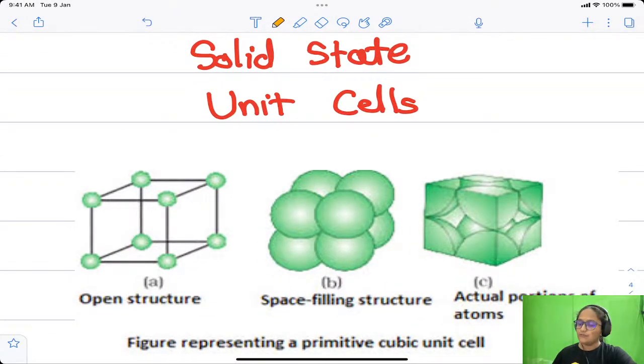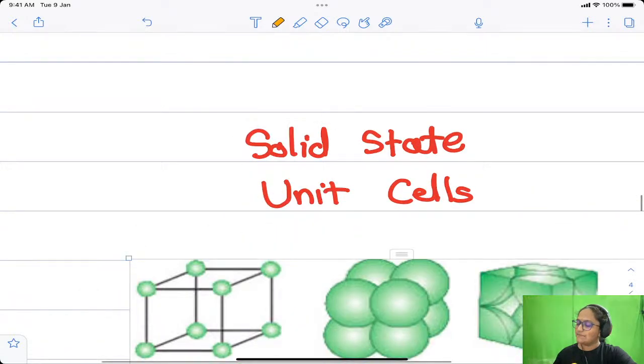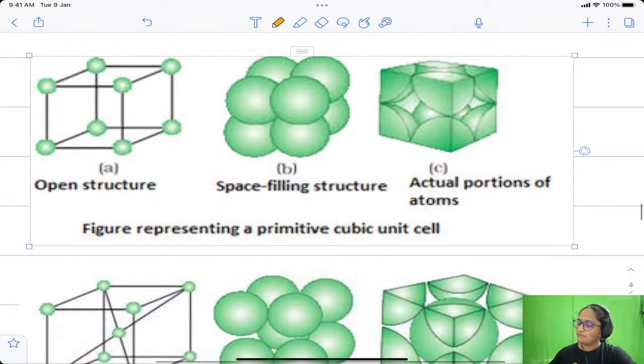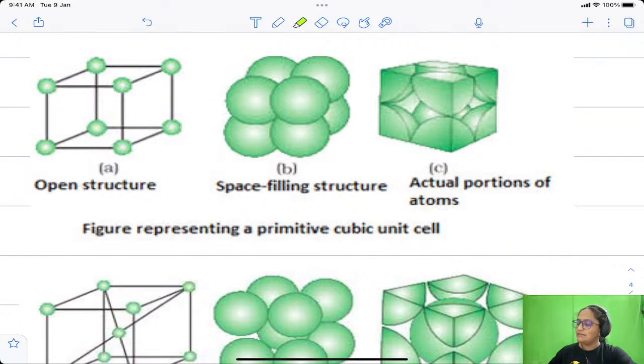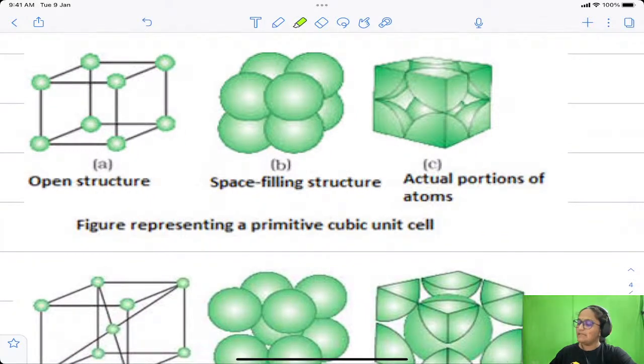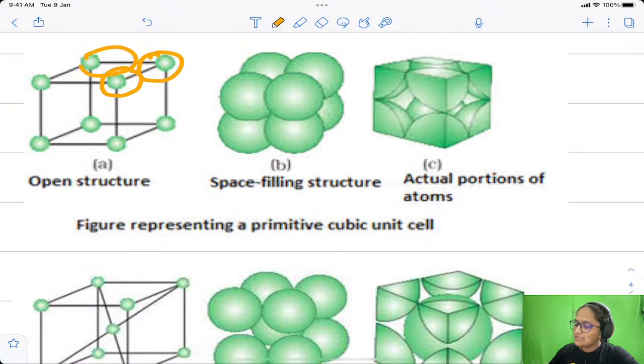In the open structure, the atoms look as if they are away from each other, but that is not the case. Ideally, atoms are touching each other, like these two atoms are touching. This is touching here, this one is touching here.